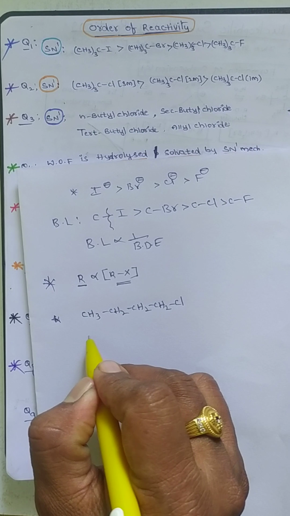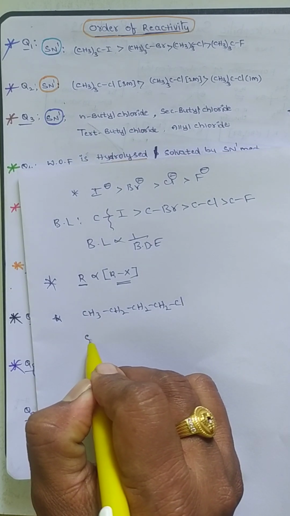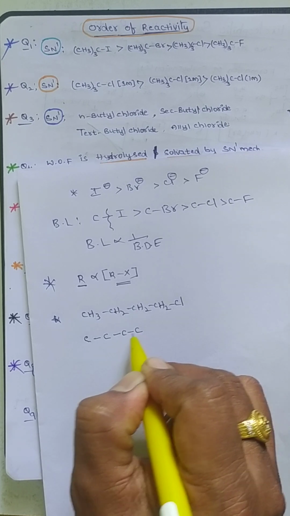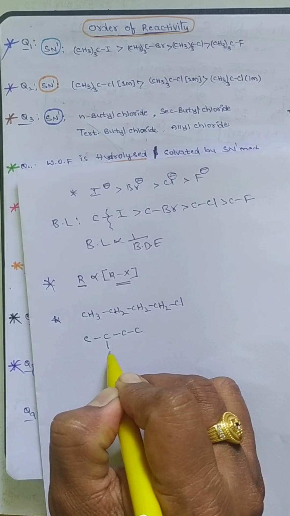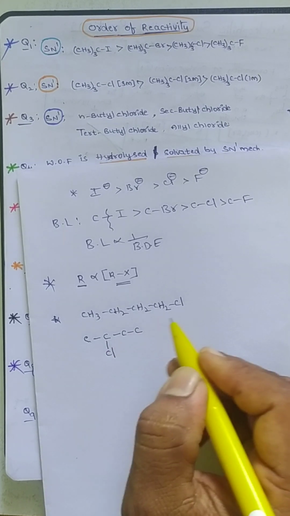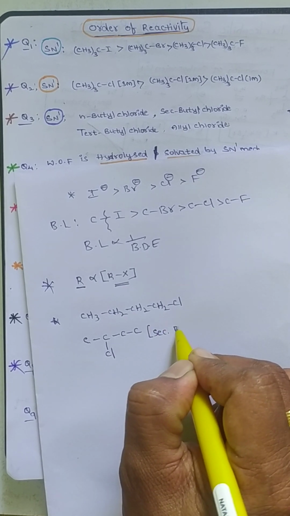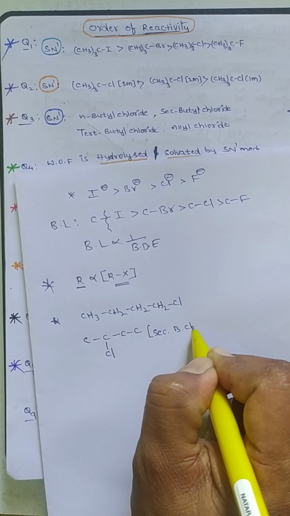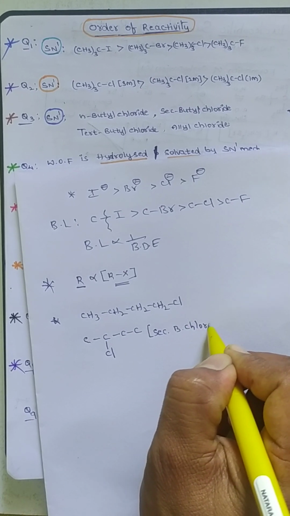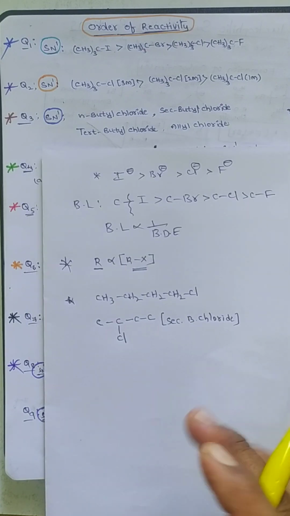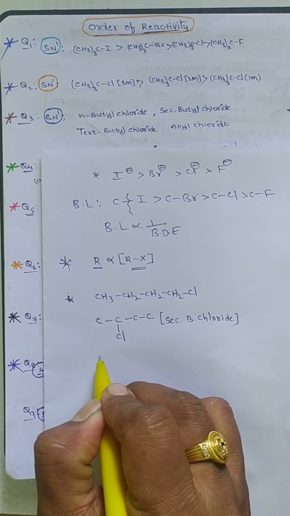Next one is secondary butyl chloride. This is the secondary butyl chloride. Next, another one is tertiary butyl chloride.